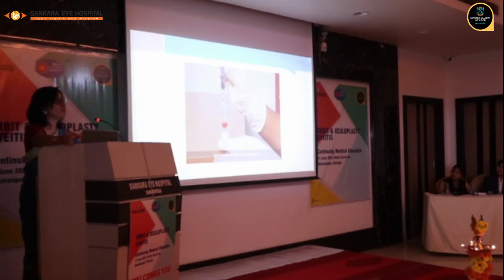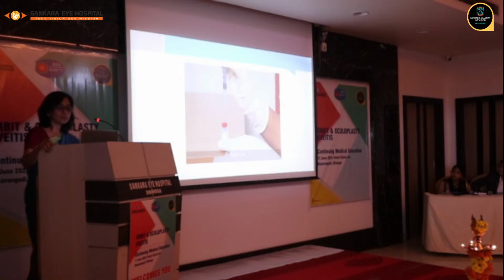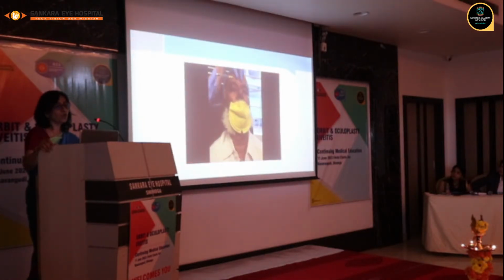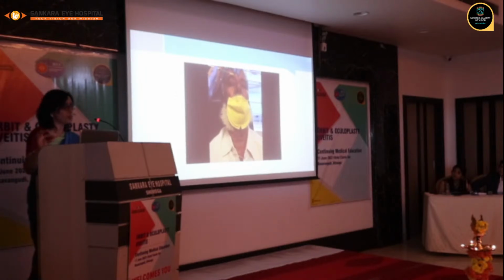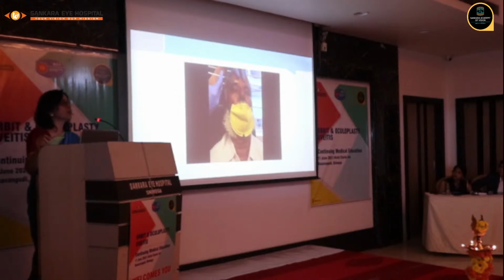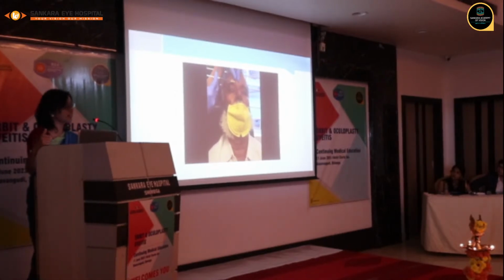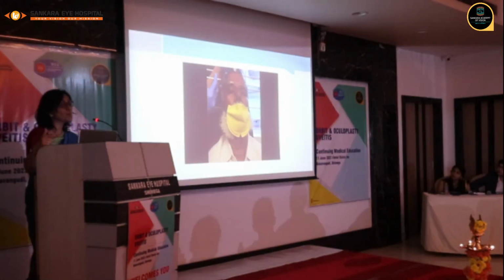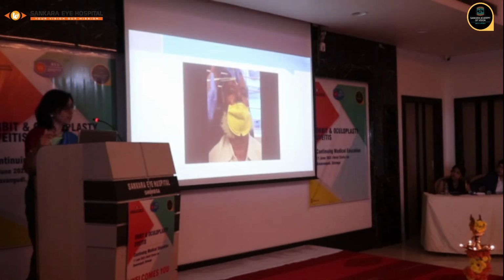And when we mix it, we don't shake it vigorously, we move it gently. When we are injecting, the thick muscles you hold and pinch up and inject into the substance of the muscle. Use a 30 gauge needle, it has better control and is less painful for the patient.